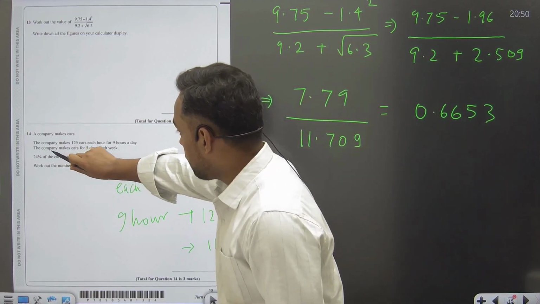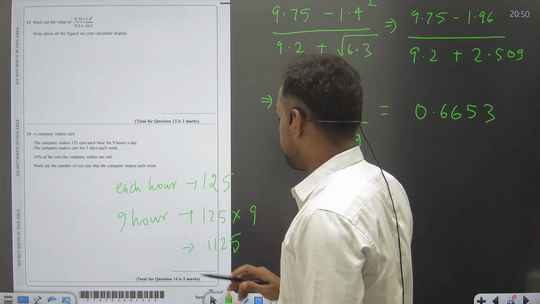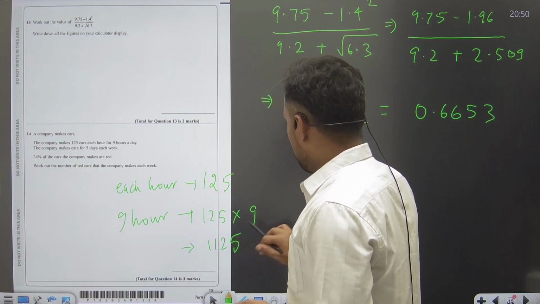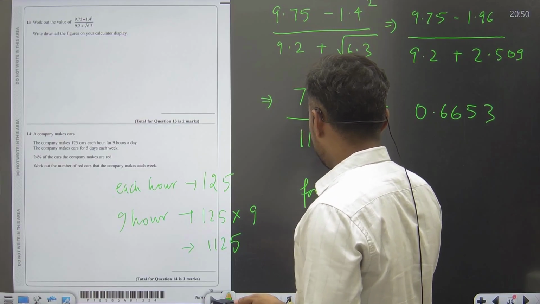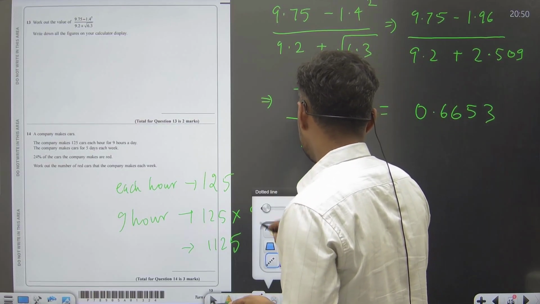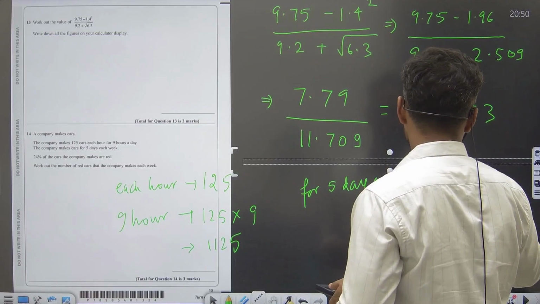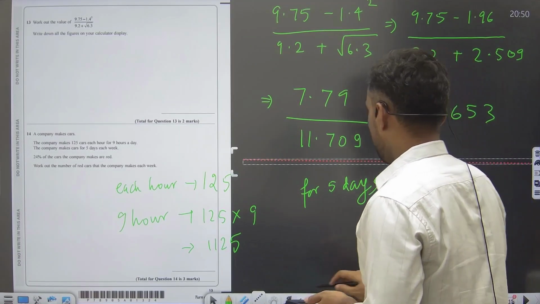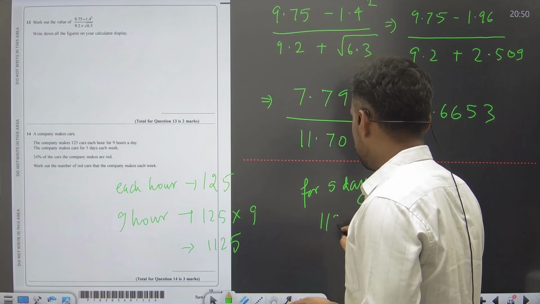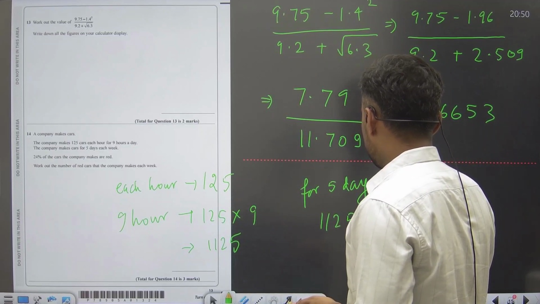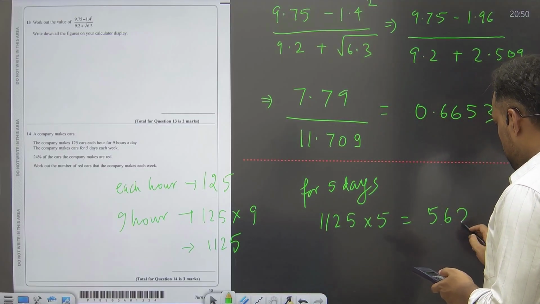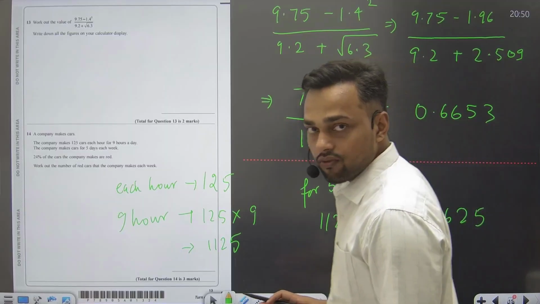Now this particular company is making cars for 5 days. For 5 days it will be 1125 cross of 5, that is 5625. This many cars will be manufactured.